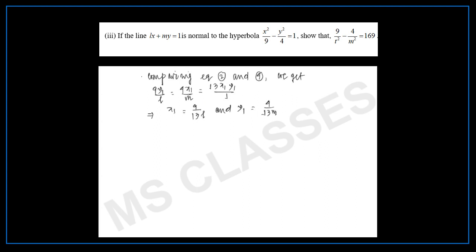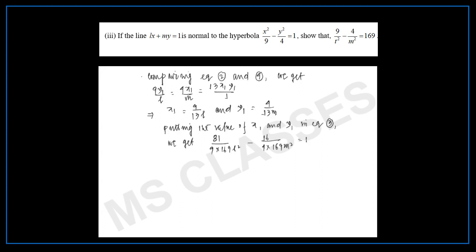Now we know that x1, y1 will satisfy the given equation, that is equation 3. So putting the value of x1 and y1 in equation 3, 81 by 9 into 169 L square minus 16 by 4 into 169 m square equal to 1.